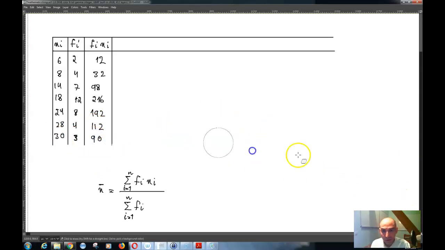Next, what you want to do is basically find sigma f of i times x of i as i goes from 1 to n, which is equal to the sum of all of these numbers. So that's 12, 32, 98, 216, 192, 112, and 90.